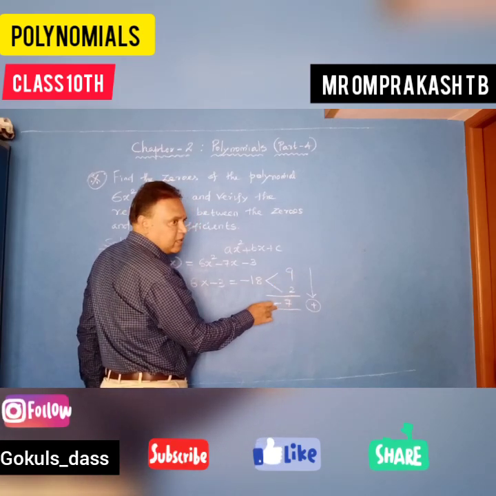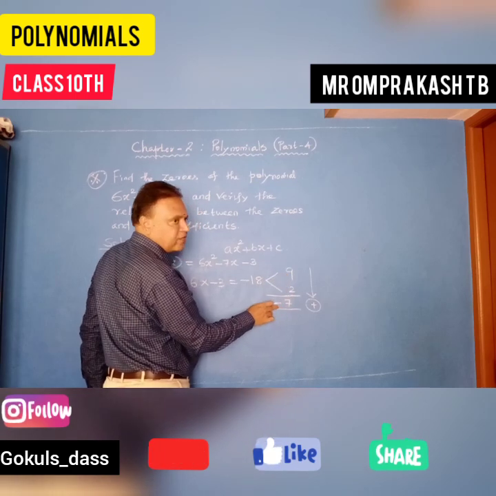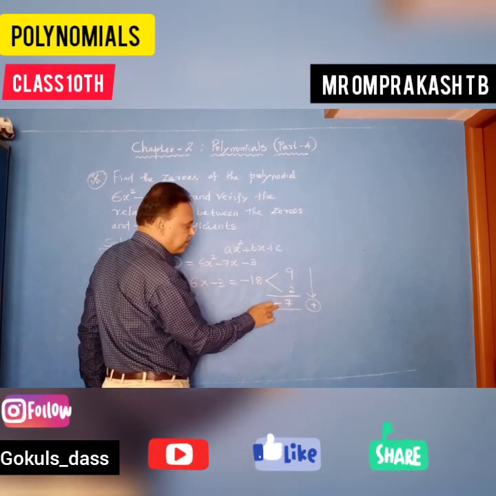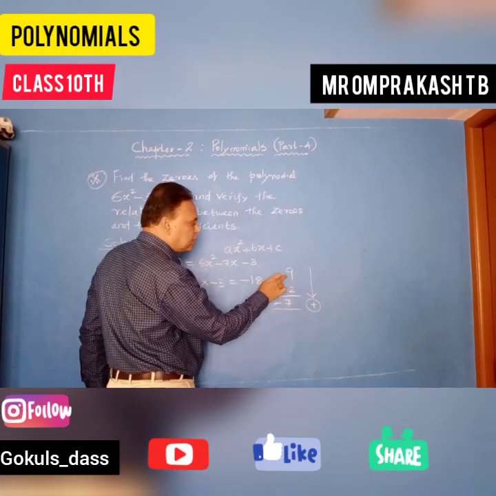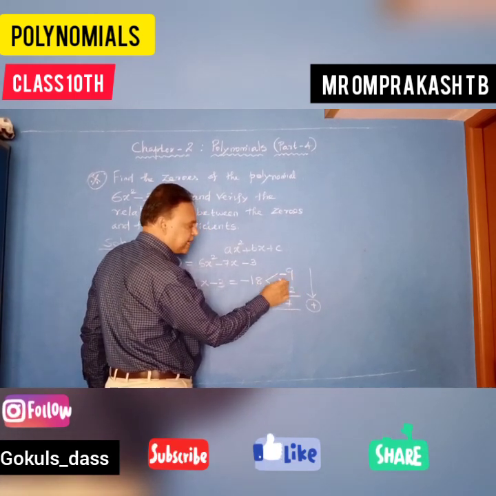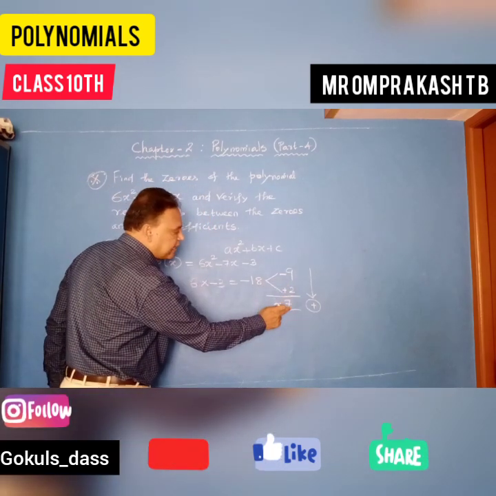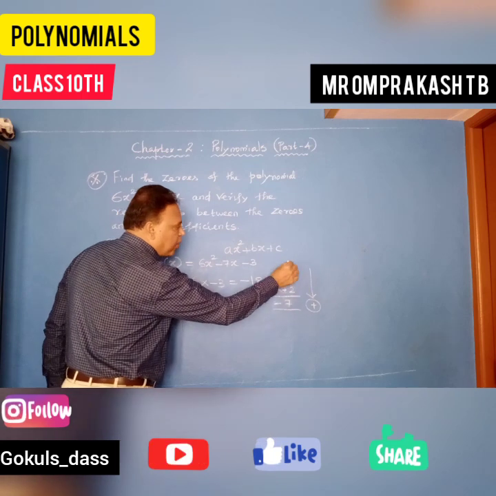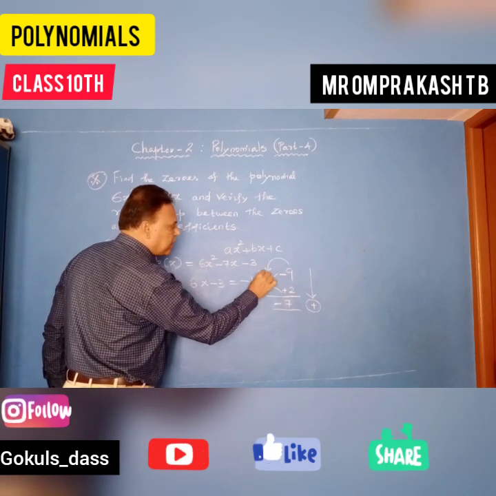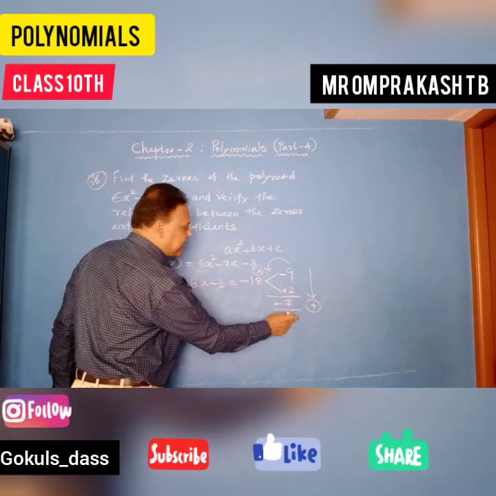Clear? After finding the factors, you see the sign of the middle term is minus, so you put the minus sign on the biggest number, and here plus sign, right? So that when you add you will get minus 7, and when you multiply you will get minus 18. Both sides it is satisfied.